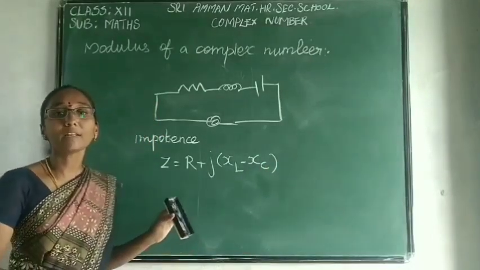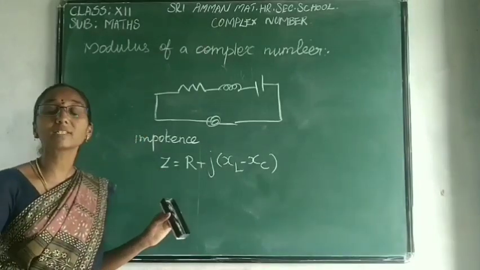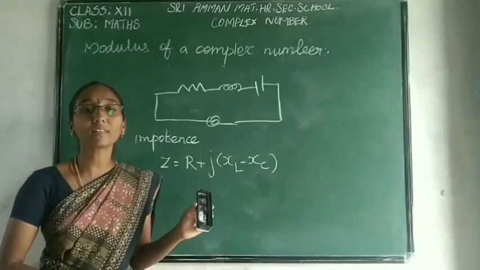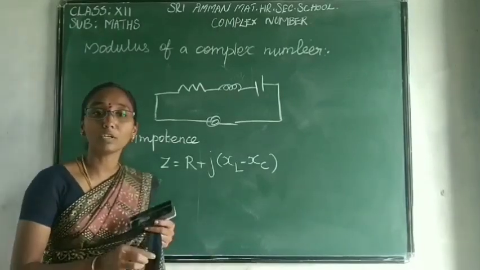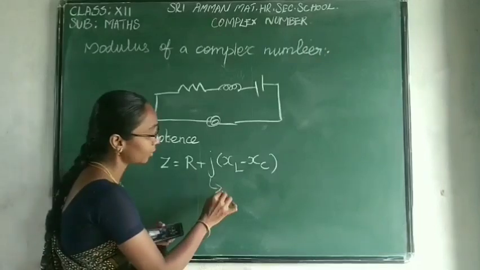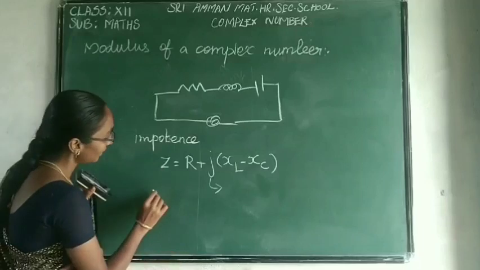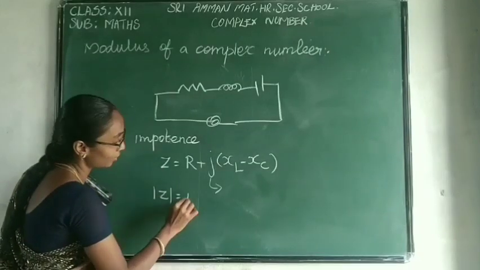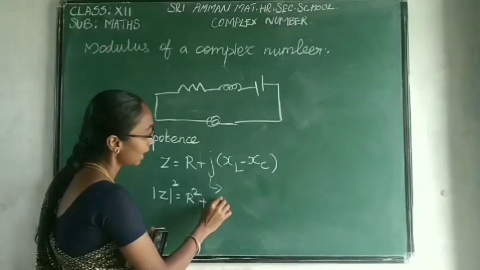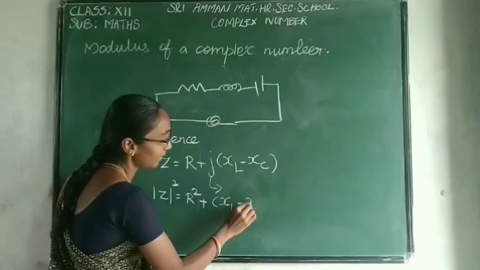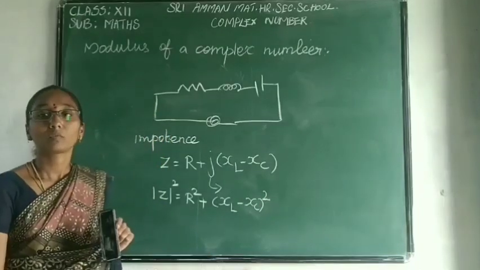In this place we didn't use I because I refers to current. So in electrical circuits we use J. So modulus of Z squared equals capital R squared plus (XL minus XC) the whole squared.